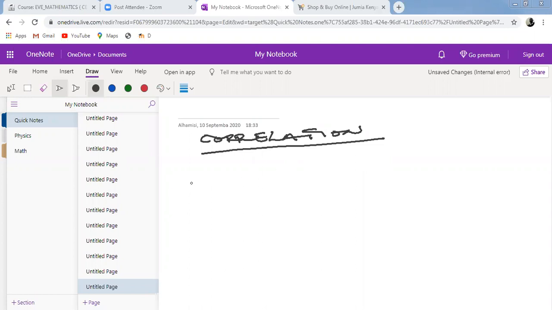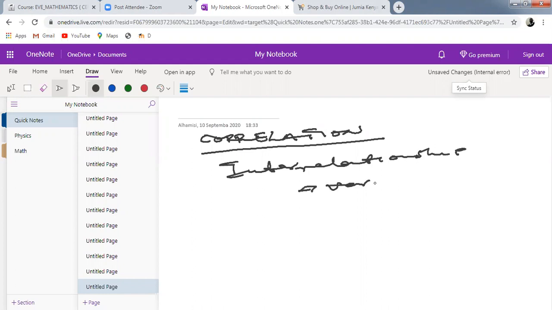Yesterday, as I was introducing this particular topic on correlation, I said correlation is actually a measure of interrelationship between variables. And in this case, when we are talking about variables, there are actually two items.